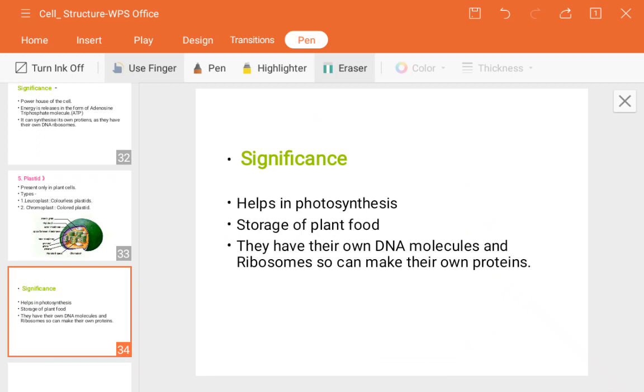Now, what is the significance? It helps in photosynthesis. It stores the plant food. Whatever food material the plants produce is stored inside the chloroplast.